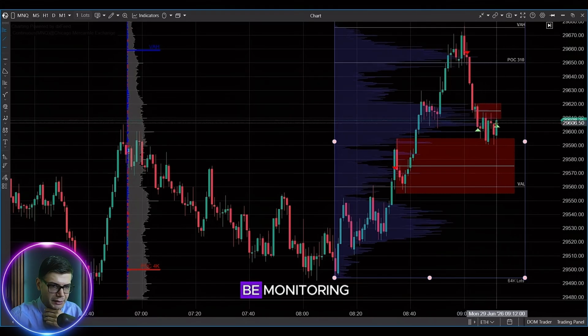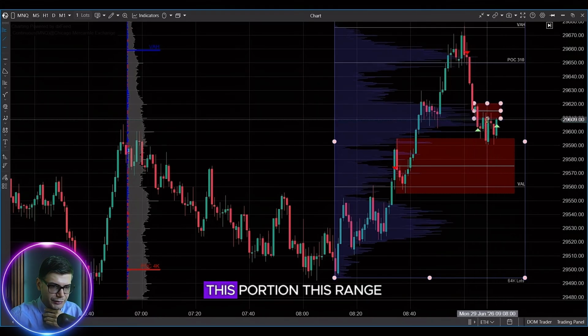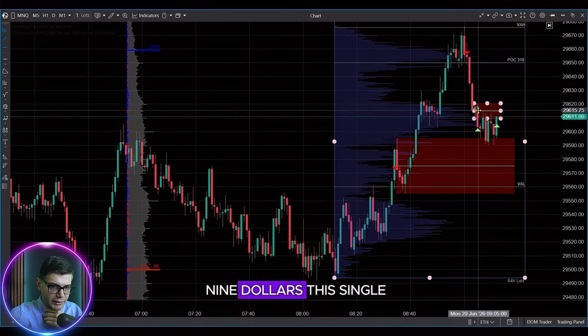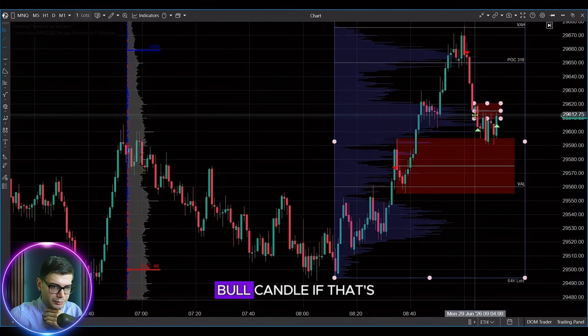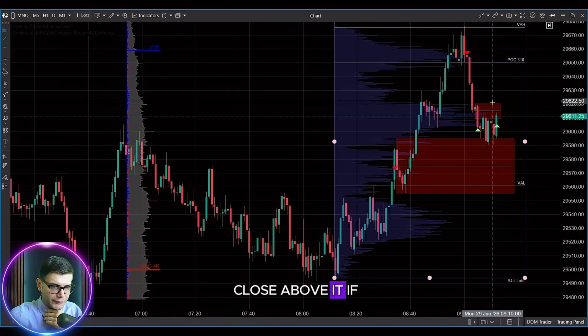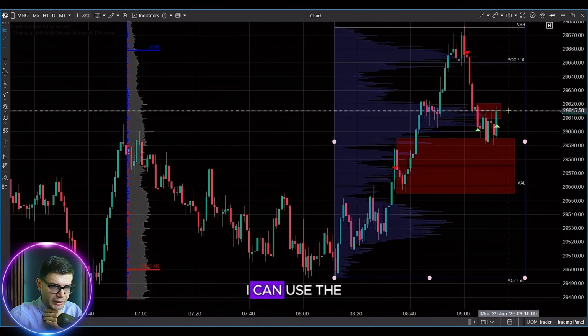Now I will be monitoring this portion. This range, $621 to $609. This single bull candle, if that's a trap for buyers, the price should not close above it. If it does, I can use the mean threshold to go long.